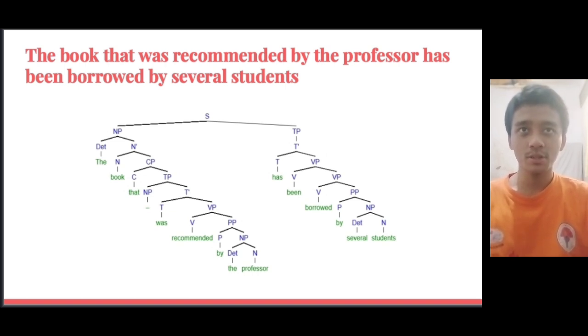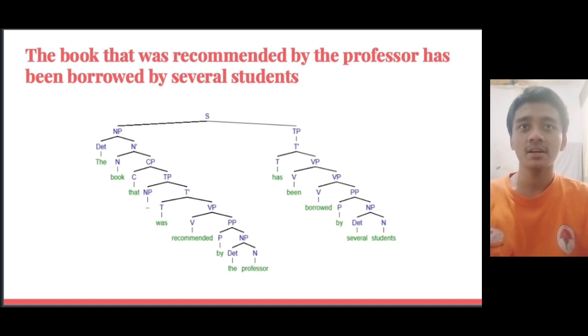The noun phrase subject of this relative clause is understood as book, represented by the trace, indicating movement. T-bar, an intermediate level in a tense phrase. Tense, was, the auxiliary verb indicating past tense. Verb phrase, recommended by the professor, describes the action related to the book. Verb, recommended, the main verb in the passive voice.